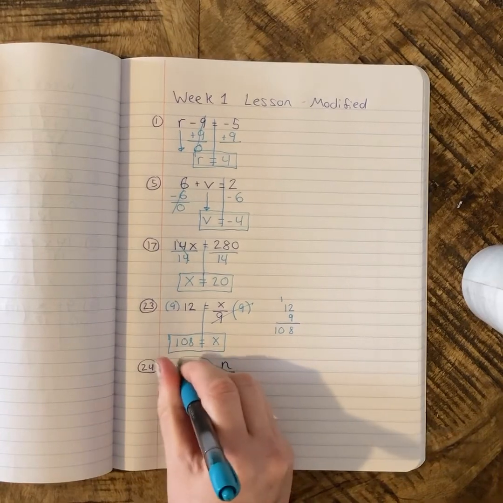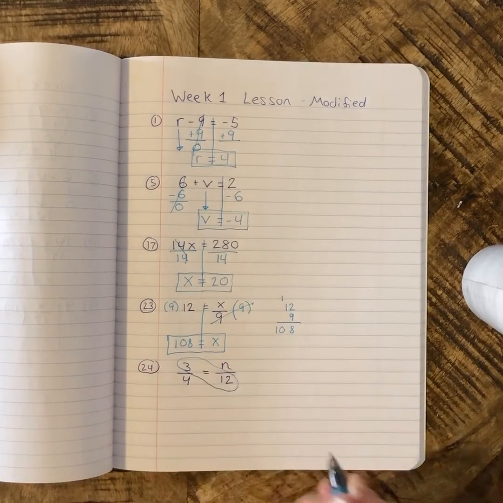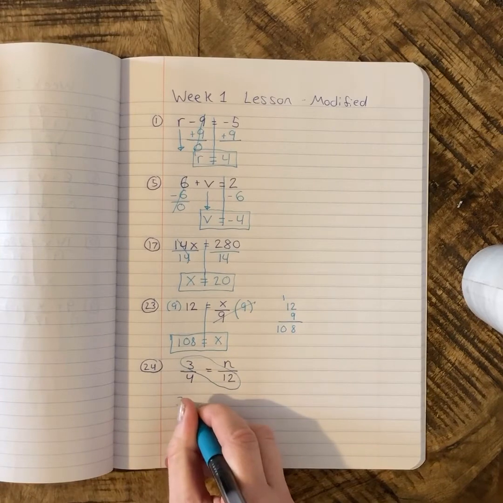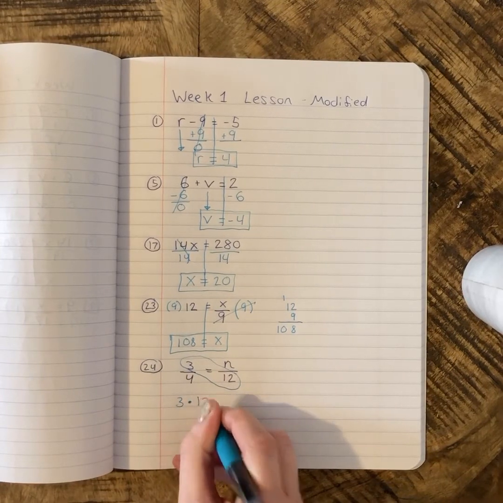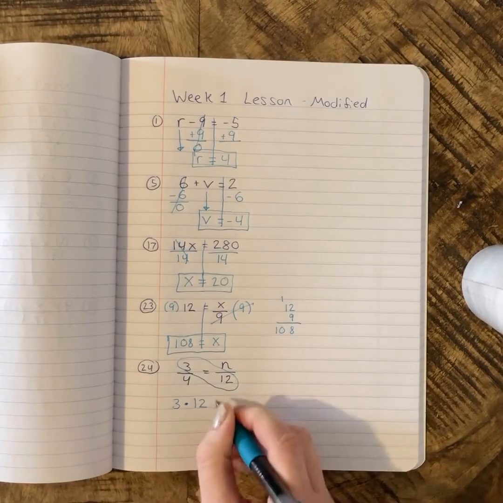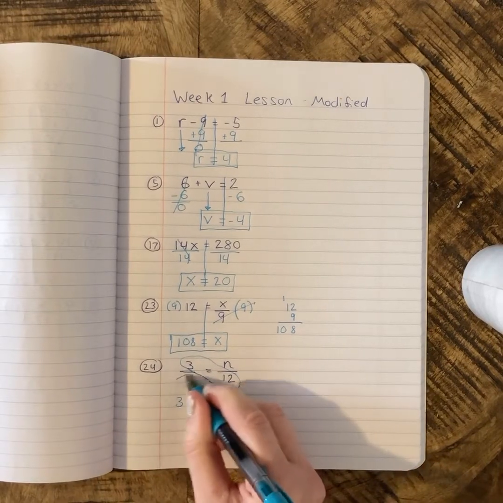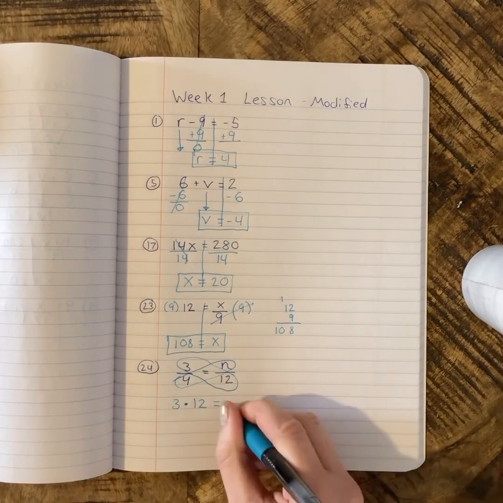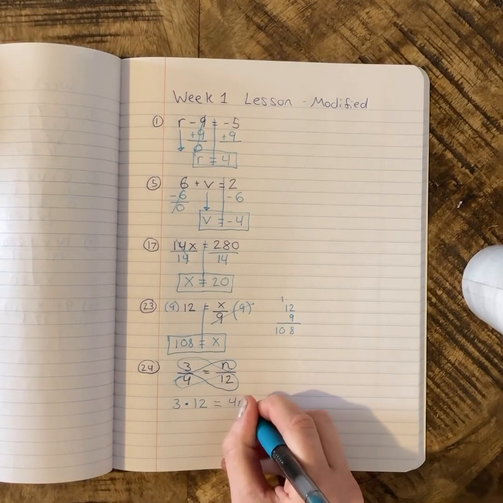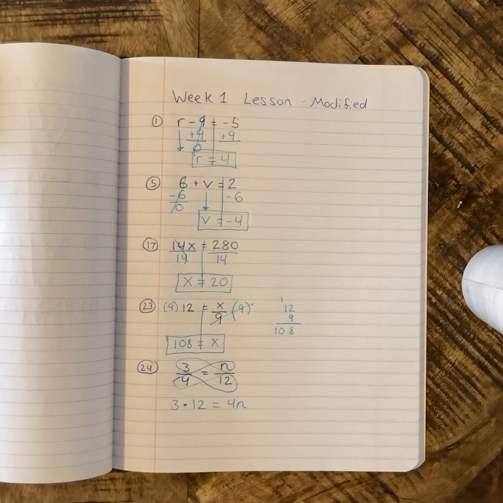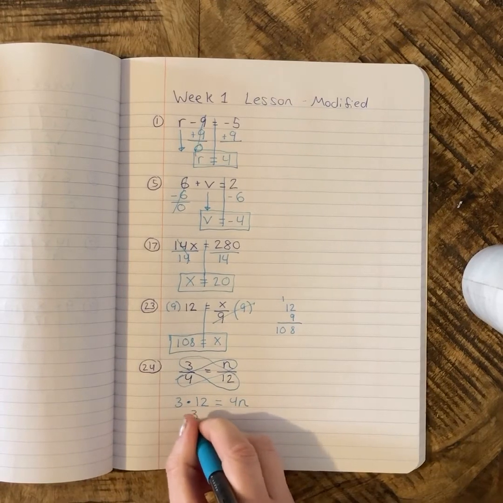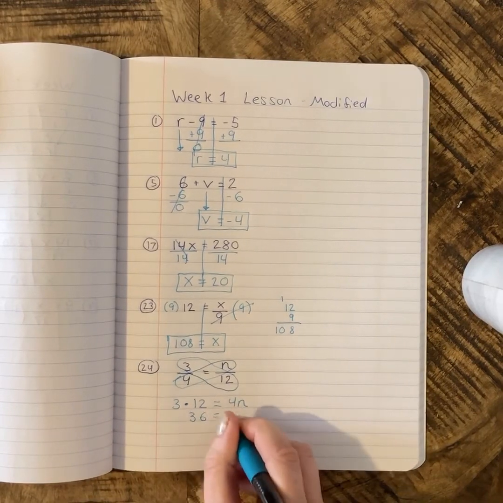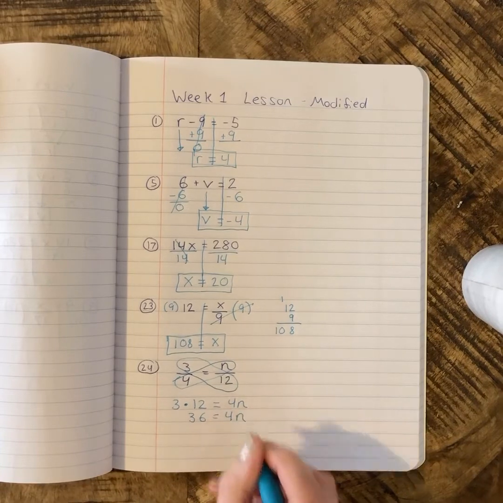So in this case, you could do 3 times 12. So you would have 3 times 12. Then it's equal to, so we'll set it equal to 4 times n, or 4n. So now we can go ahead and solve for this one. 12 times 3 is going to give us 36 equal to 4 times n.